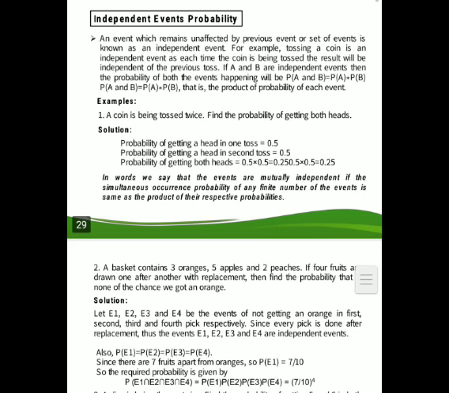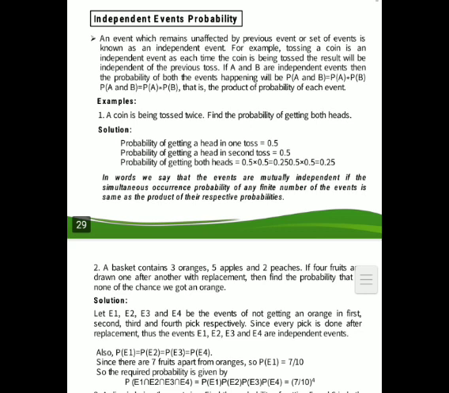Example: a coin is being tossed twice. Find the probability of getting both heads. Solution: probability of getting a head in one toss is equal to 0.5. Probability of getting a head in the second toss is 0.5.